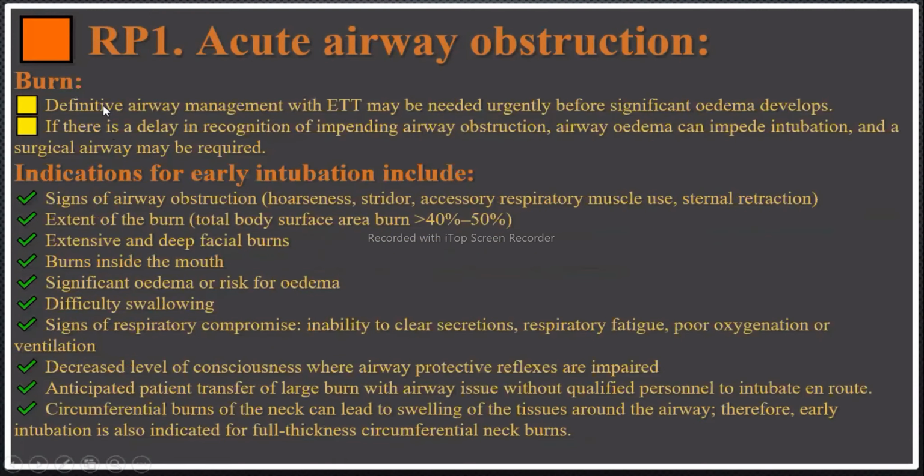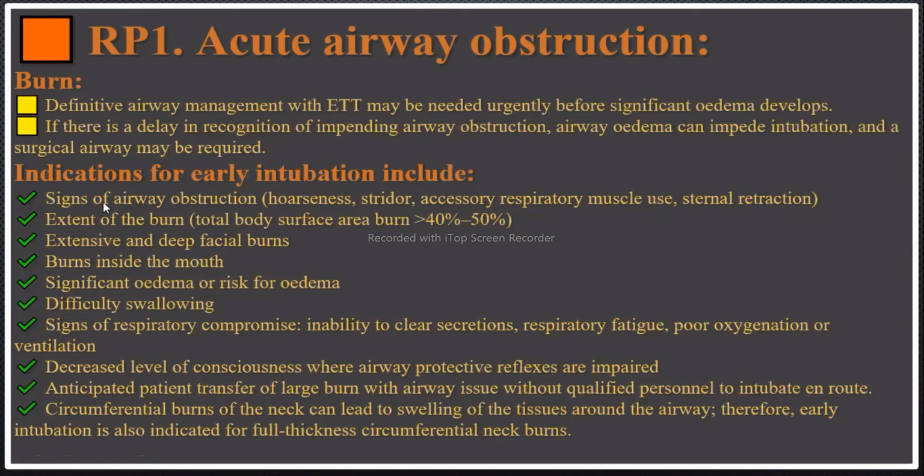So here in burn, you have to treat with definitive airway management. Definitive airway means endotracheal tube, okay? Indications for early intubation in general: signs of airway obstruction, if you find hoarseness, stridor, accessory respiratory muscle use, external retraction.